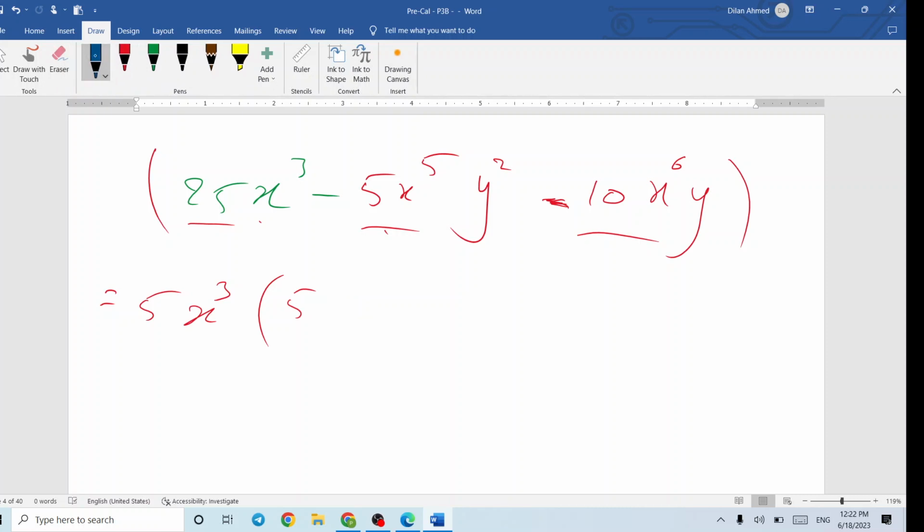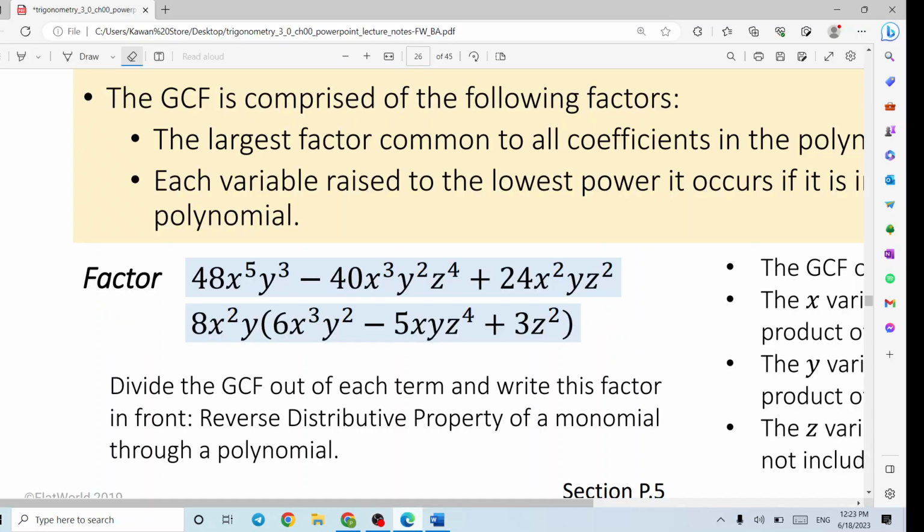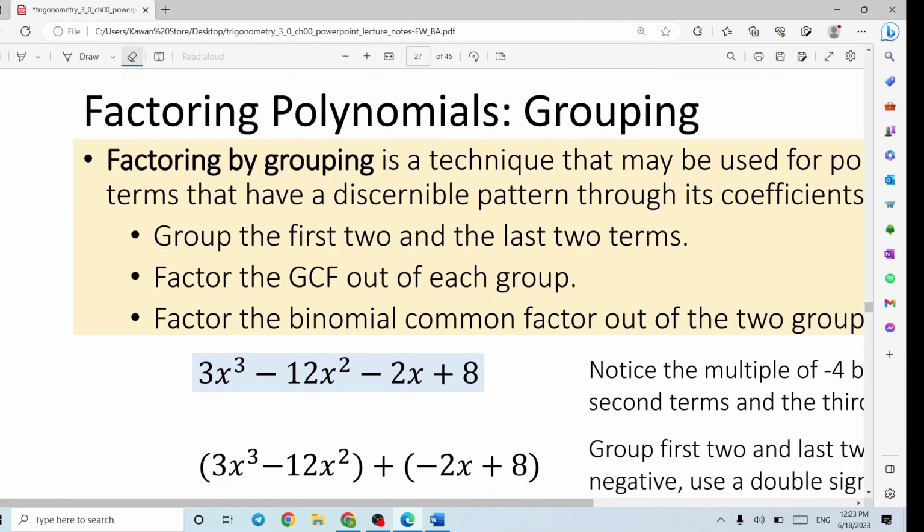And minus x to the power 2, you are right, 5 minus 3 is 2, then 2x to the power 3 y. Am I right? Good.